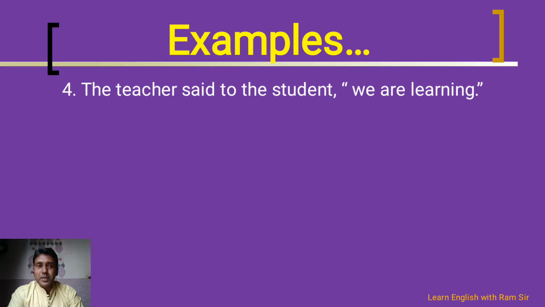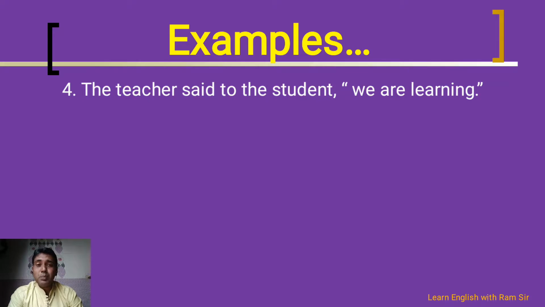The fourth example here, the teacher said to the student, we are learning. So in this particular sentence, just think about our first magical rule. What was that? First of all, you have to think about reporting verb. So here the teacher said to.